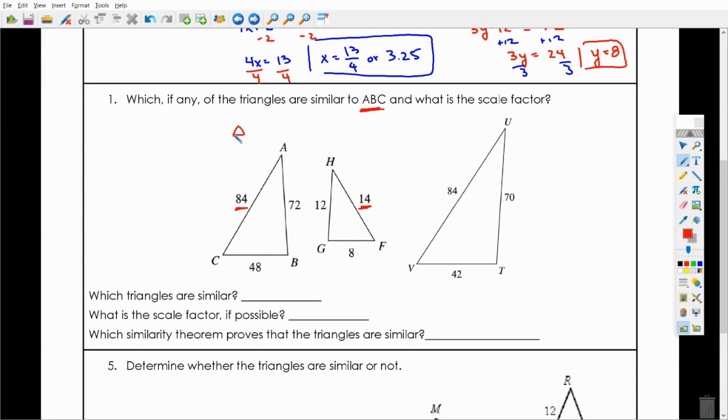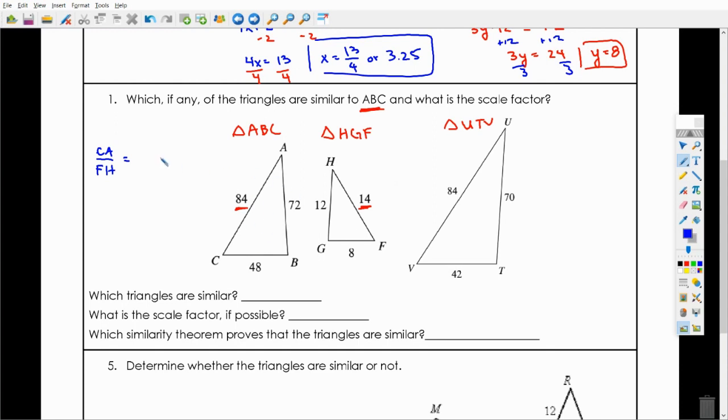So here I'm going to put it as a ratio. If you want to label it, triangle ABC, triangle HGF, and then triangle UTV, if that helps you, so you can look at the letters. Here, I'm going to take my largest side, 84, or this is CA, and then put it over FH.